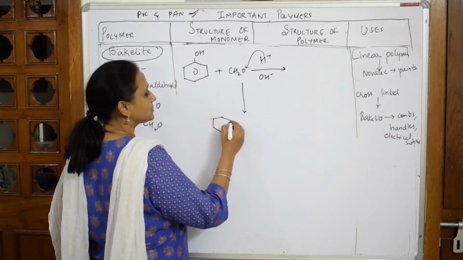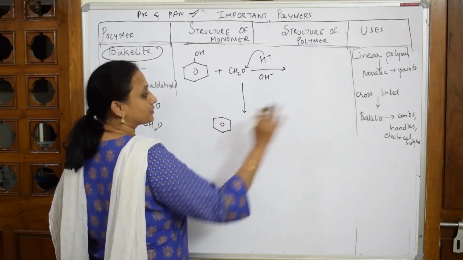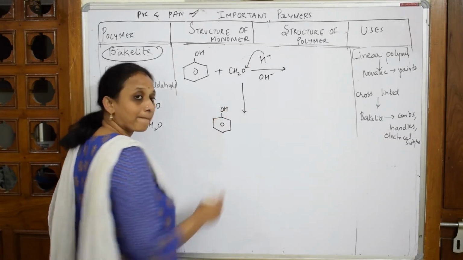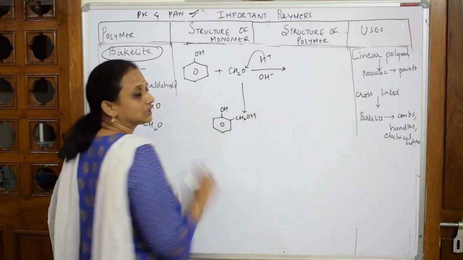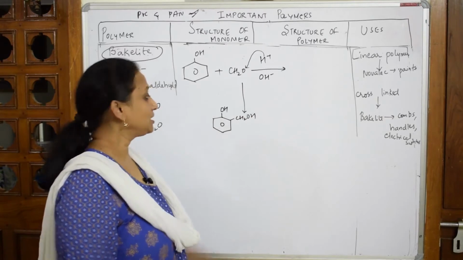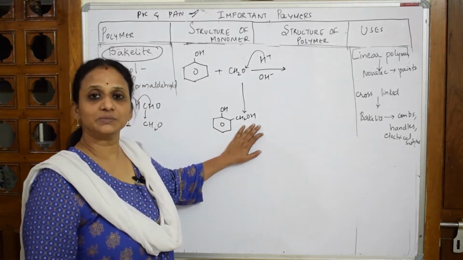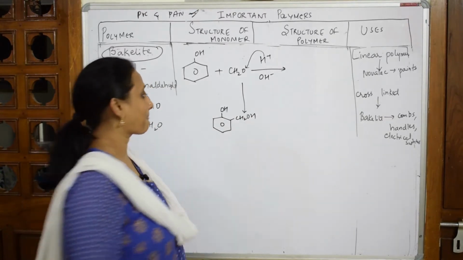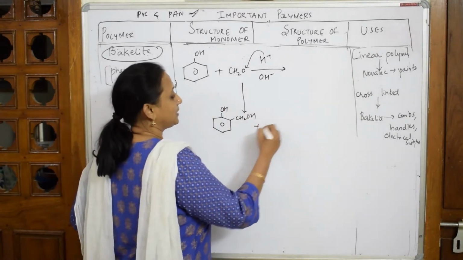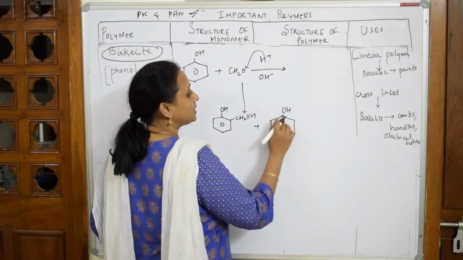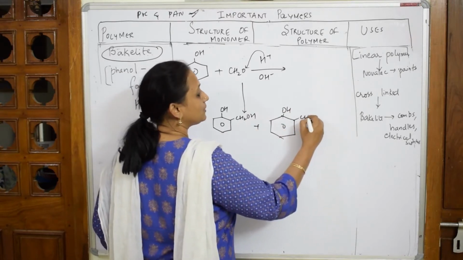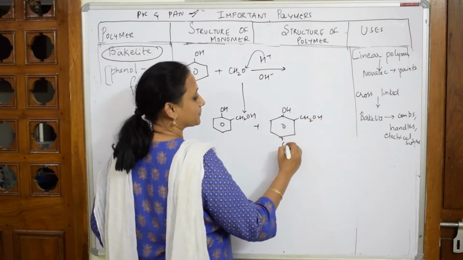I am going to get 3 different compounds. First, OH is there. I am going to get the ortho compound, ortho hydroxymethyl phenol. Then I am going to get one more compound where I've got the ortho product. Now I'll be getting the para product also.